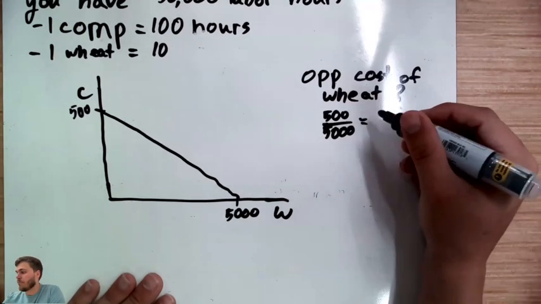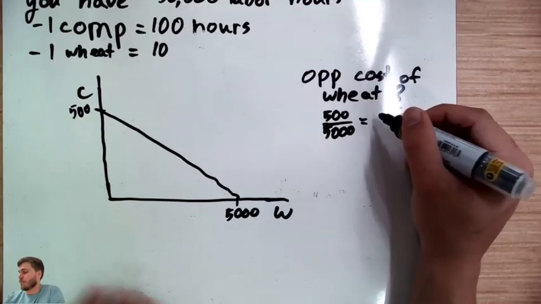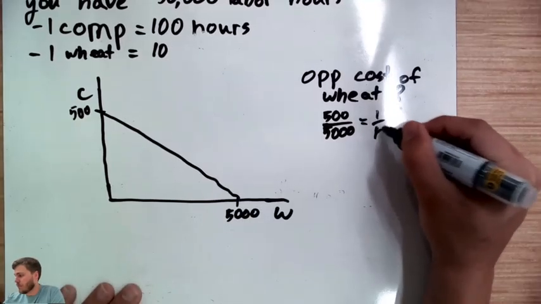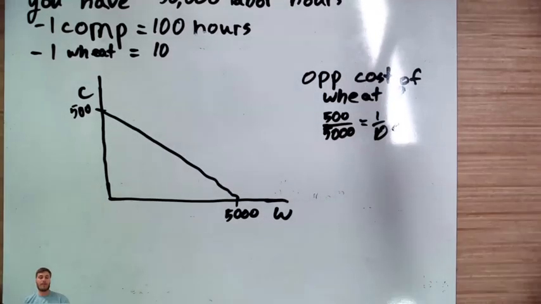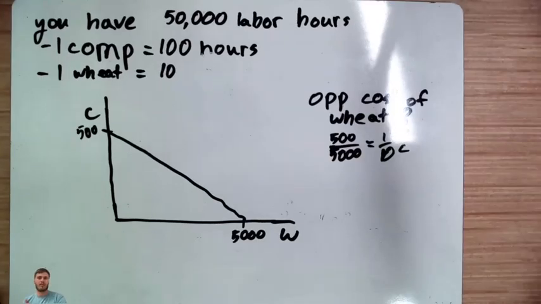What is that getting simplified down to? That's 1/10 of a computer. So yes, that maybe seems a little silly. You can't make 1/10 of a computer, but yes, you can. You could get 1/10 of the way through making that computer.